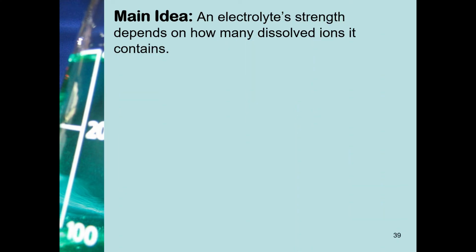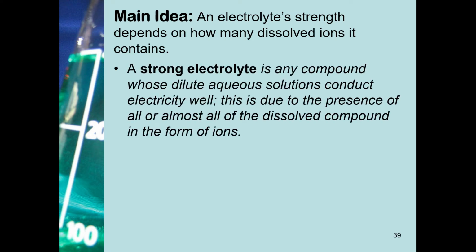An electrolyte's strength depends on how many dissolved ions it contains. So a strong electrolyte is going to be any compound whose dilute aqueous solutions conduct electricity well. This is due to the presence of all or almost all of the dissolved compound in the form of ions.